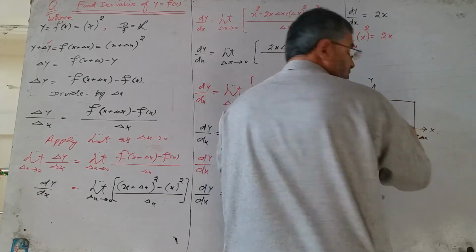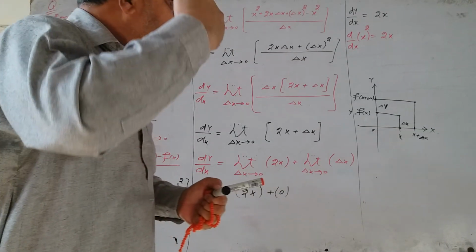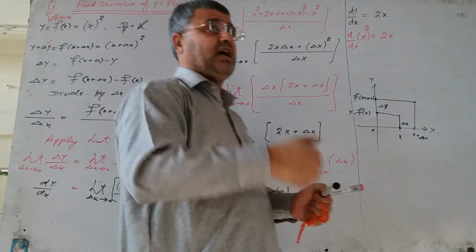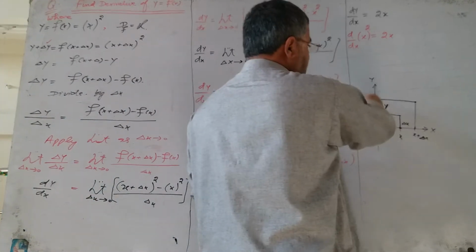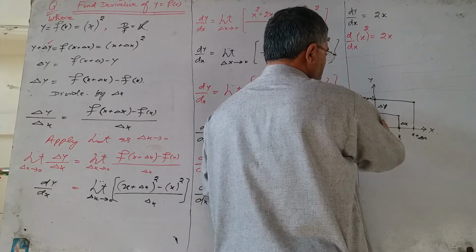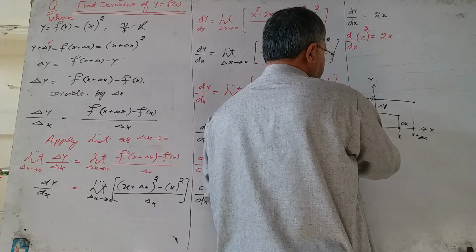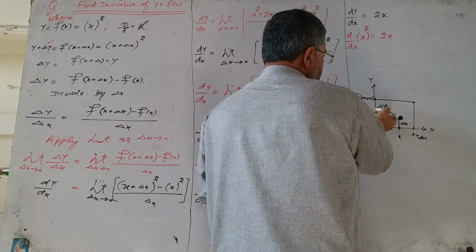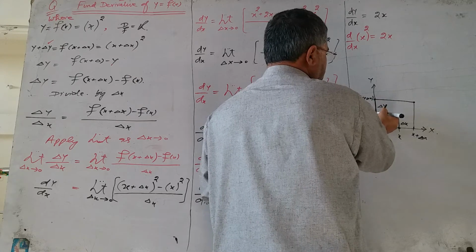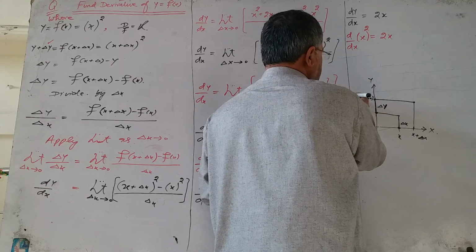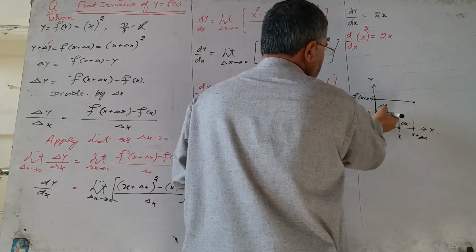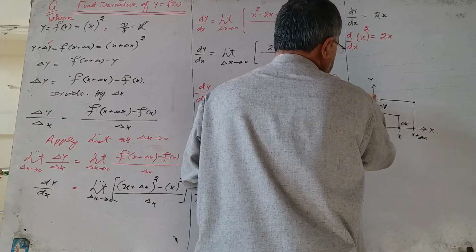Therefore, on the change in the independent variable, there occurs a change in the dependent variable. This change is measured from the point y. So when we add to this point y the length, which is also called the change in the dependent variable, we reach the point f of x plus del x.